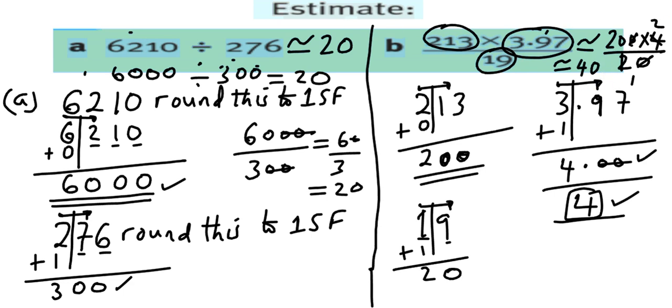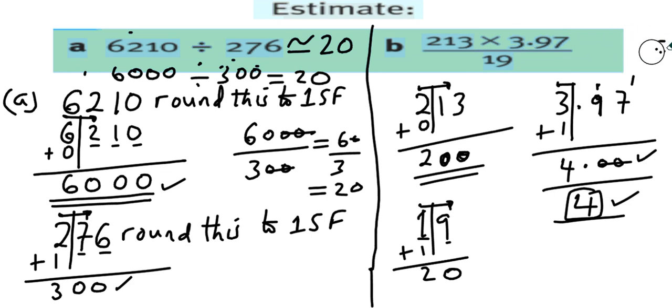Let me show this neatly. Okay. After rounding, then you come back here, say this is approximately equal to this number, we got 200. So we write 200 times this number, we got 4.